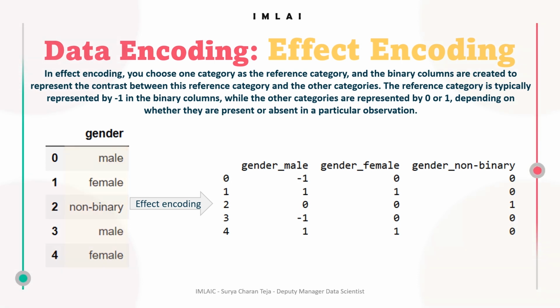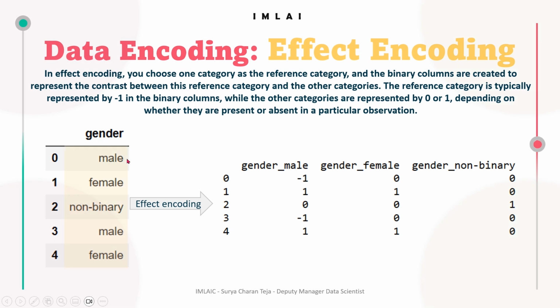Out of these three categories, let's choose male as the reference category. The effect encoding would create two binary columns, one for female, one for non-binary. So male is my reference category, other two are binary categories.